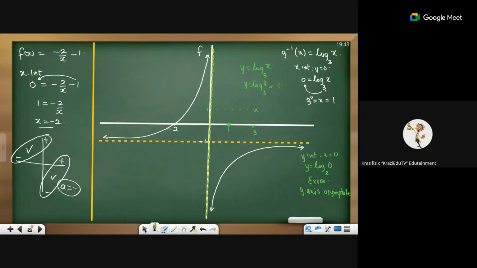Does that make sense? Are you on the same page with me? If you are not sure, just quickly try that. Now, try a number less than 1. Let's try 0.5. Y equals log base 3 of 0.5. So you are trying a number greater than 1, also less than 1, because you want to see the shape.